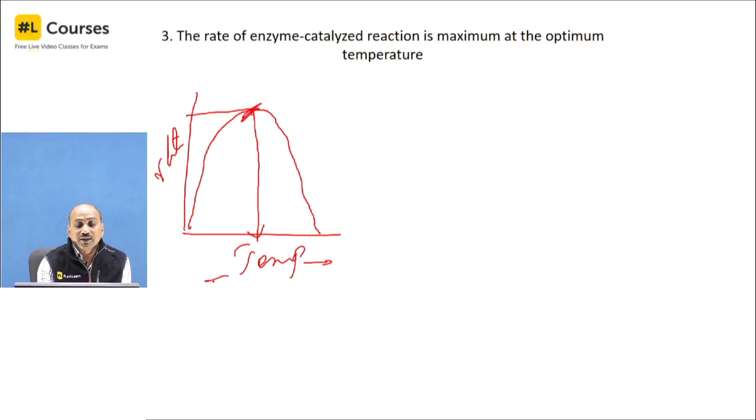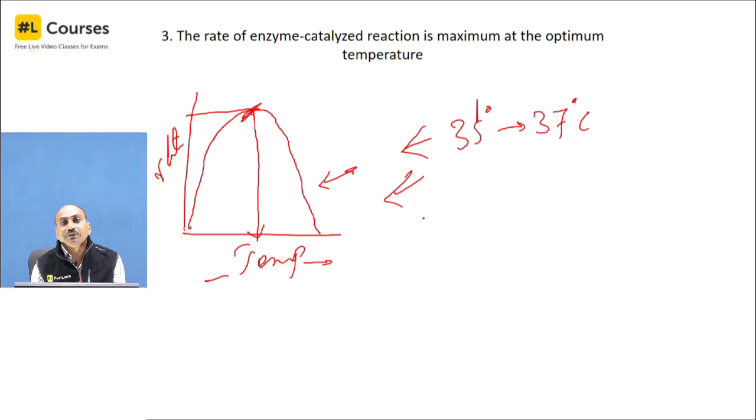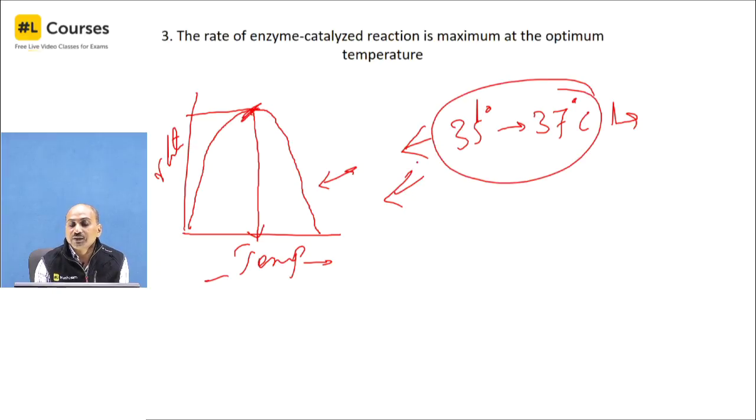That's why usually all bioenzymes work at a maximum of 35 to 37 degrees. Below 35 degrees the activity of the enzyme is less, and above 37 the activity is less, because as the temperature rises, the three-dimensional structure of these enzymes is lost and the biological activity is destroyed. So enzymes are active only at a particular temperature, from 35 to 37.